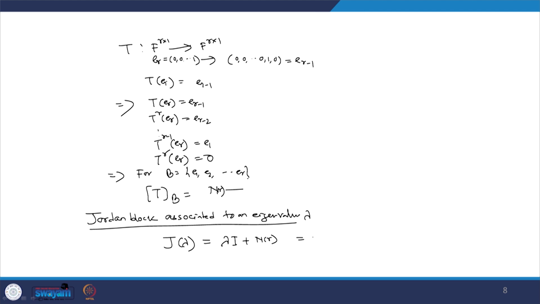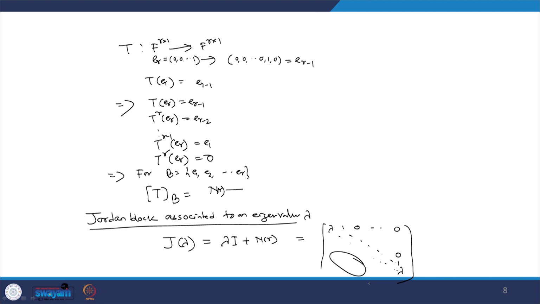This means it will look like this: all the diagonal entries will be lambda, the super diagonal is 1, and the rest are 0. So, this is my Jordan block associated to the eigenvalue lambda.